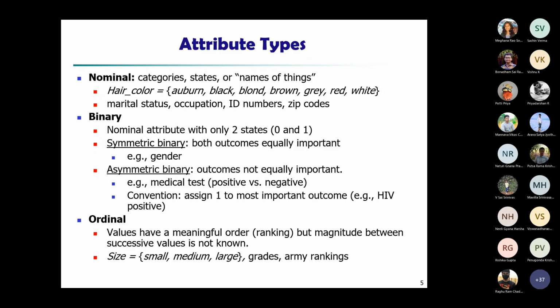Usually the positive result has more weightage, so you may give the number 1 there and the other one 0. Asymmetric means both values do not have equal importance.